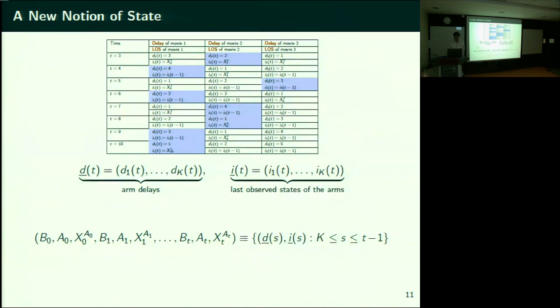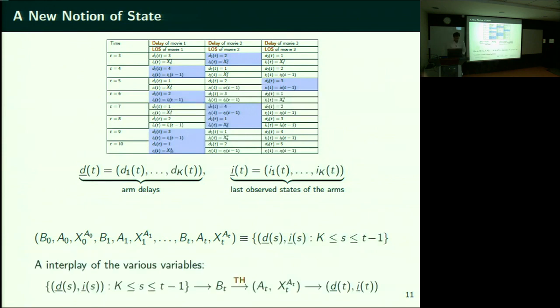Okay. So there is this. You can compactly represent it via the delays and last observed states. Okay, good. So once you have, again, there is a BT, all the past BTs have to come here. So past BTs along with this much amount of information, you are going to make a decision on what BT to look at next, which movie to look at next.